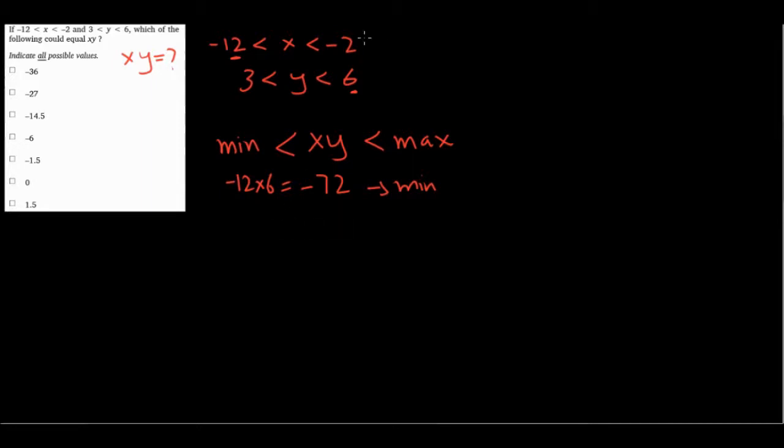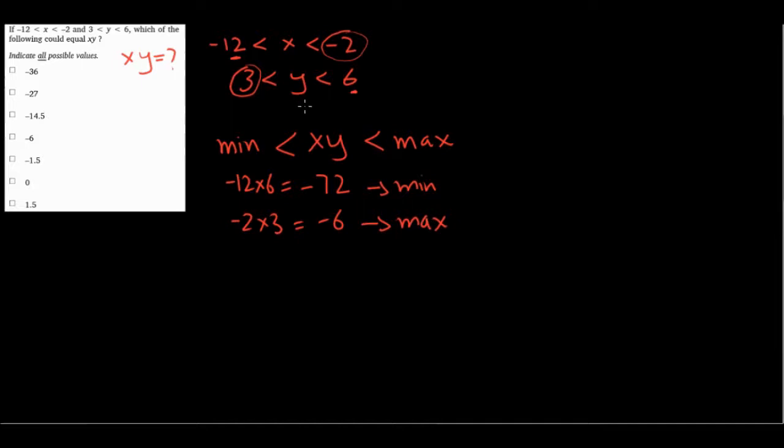What about the maximum? First of all, the maximum would also be negative. So how about I take -2 here, which is the maximum that x could be, and 3 here for y. What would that give me? -2 times 3 would give me -6. And I'm saying this is the maximum.